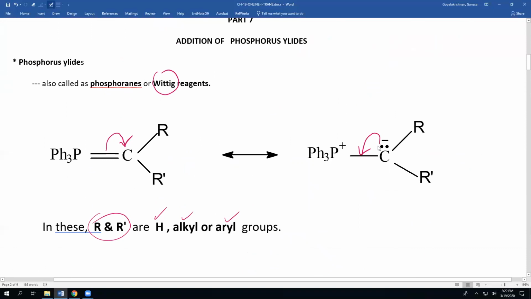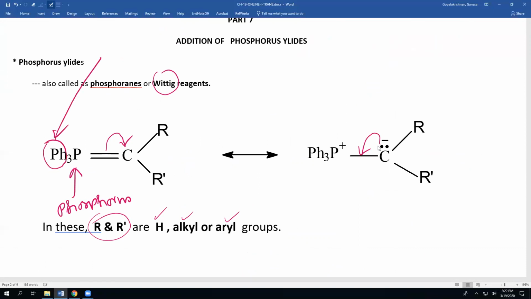In this one, this is a phosphorus. This group is a phenyl group. You know what a phenyl group is? If you don't remember it, this is the phenyl group.